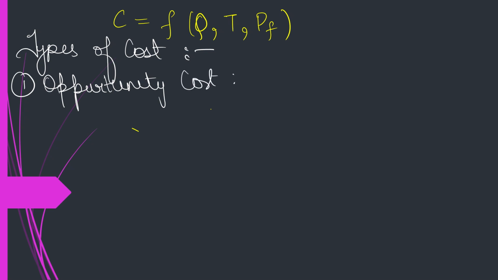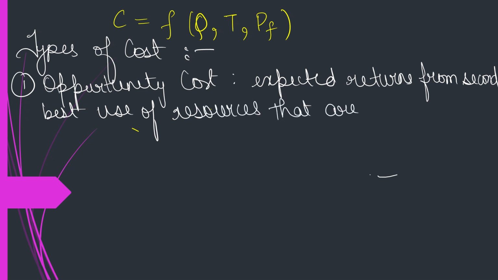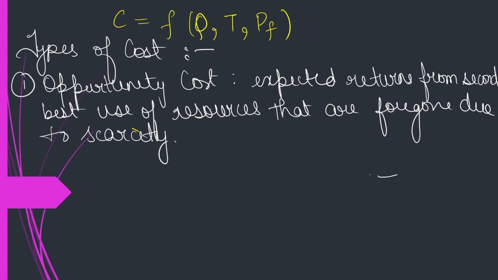Opportunity cost is defined as the expected returns from second best use of resources that are foregone due to scarcity. This is also known as your alternative cost.